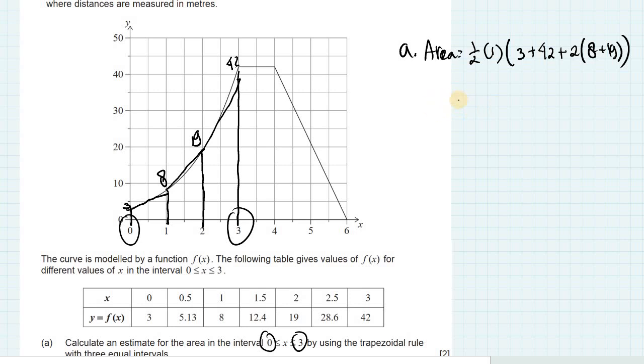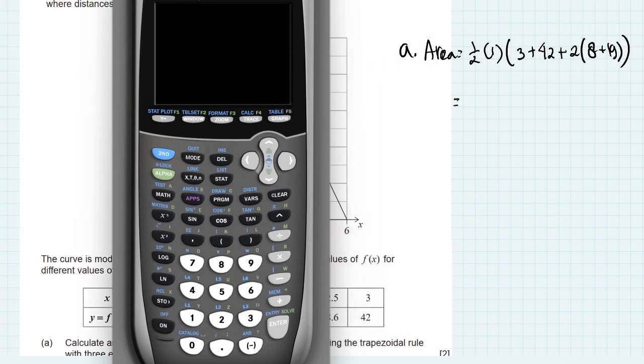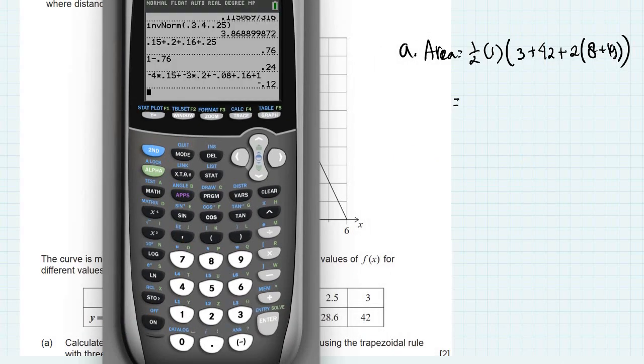Then we input this into our calculator: 0.5 times the bracket 3 plus 42, plus 2 times the bracket 8 plus 19.